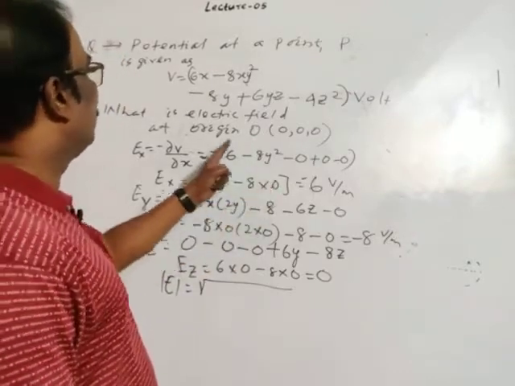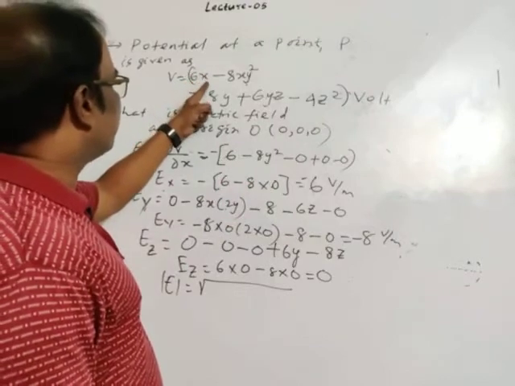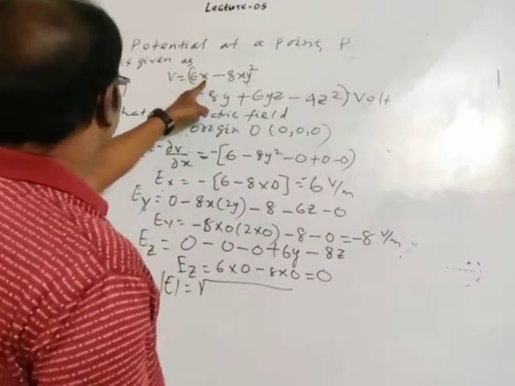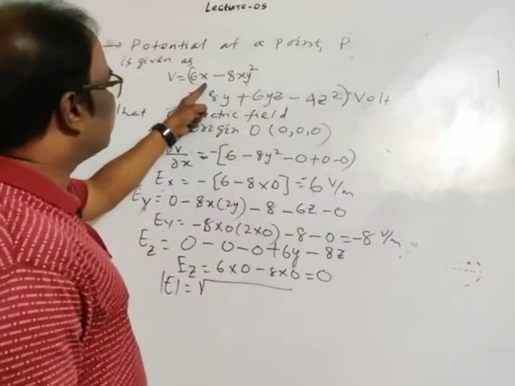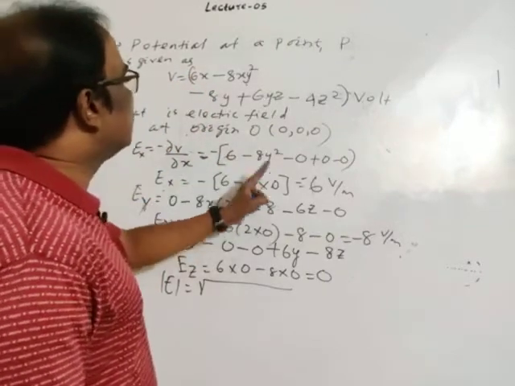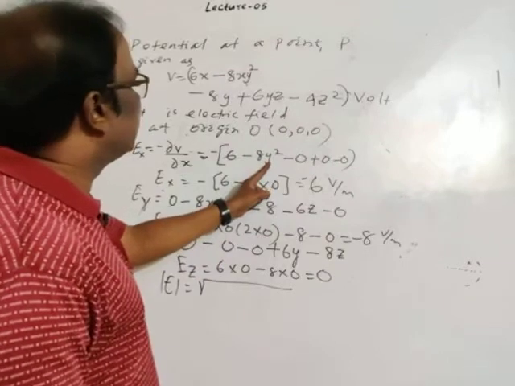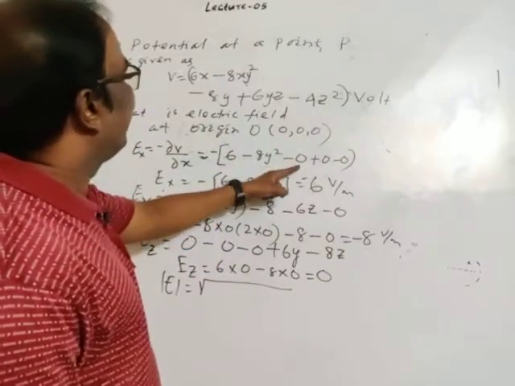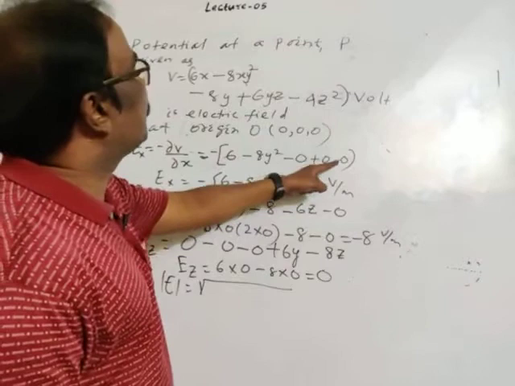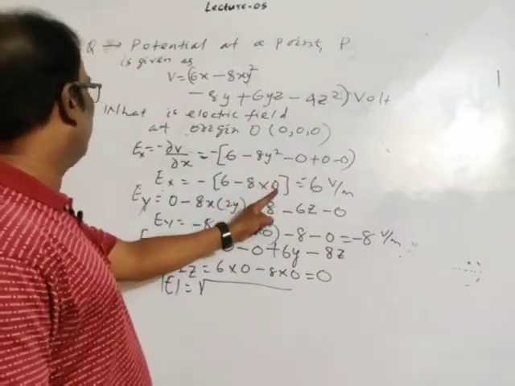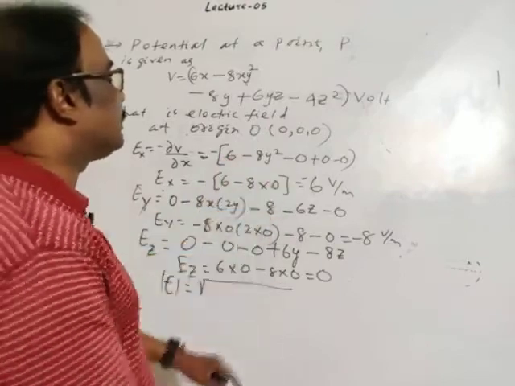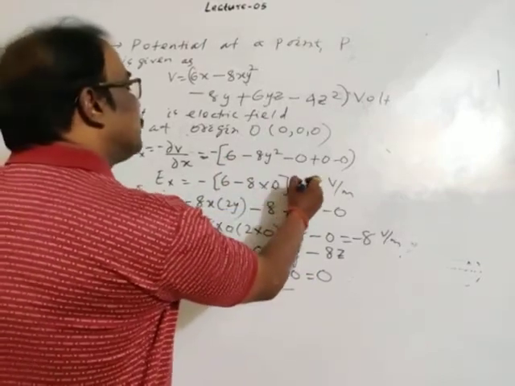Y is 0, 6x, so 6, partial derivative of x is 1, so this is 6. 6 minus 8y square, this is 0. Y is 0, so 8 into 0 is 0, this is only 6, or this is minus 6.